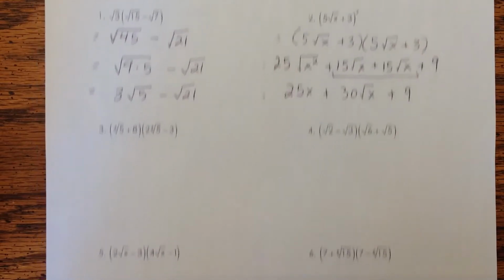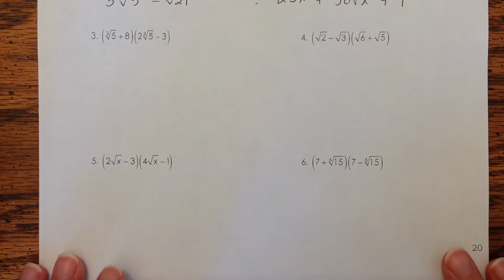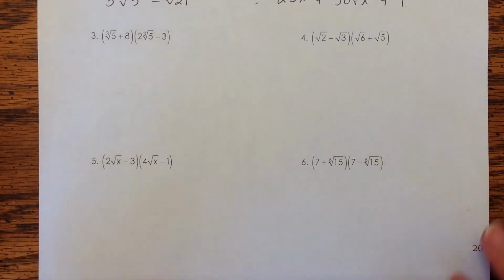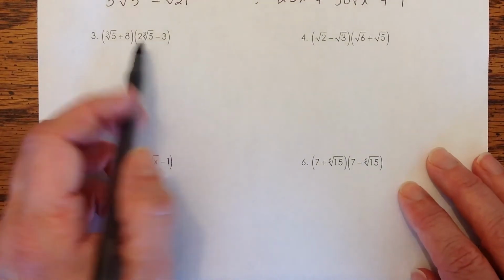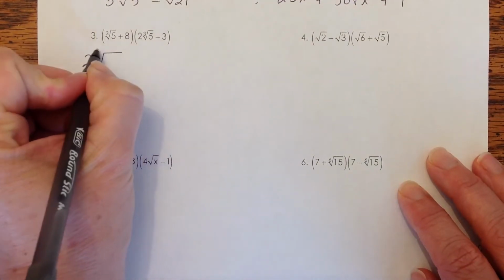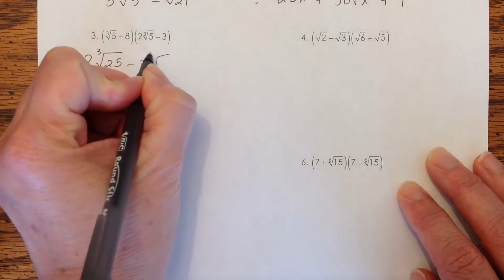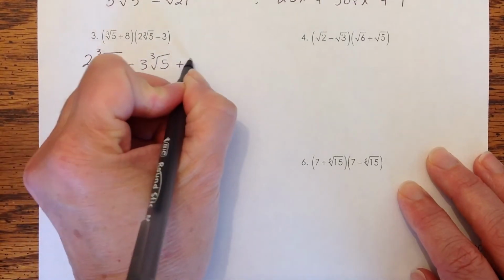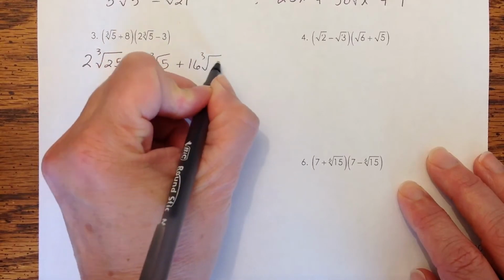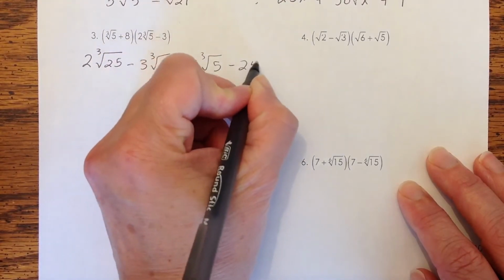If we're going to do problem 3, we're going to FOIL also. It's a cube root times a cube root, so we get 2 cube roots of 25 minus 3 cube roots of 5 plus 16 cube roots of 5 minus 24.